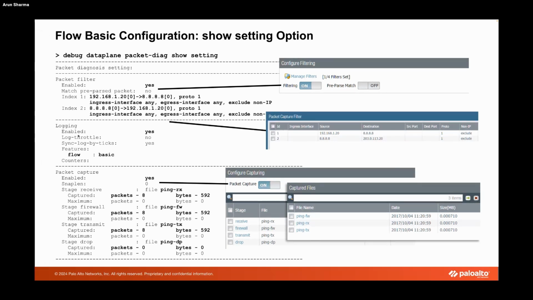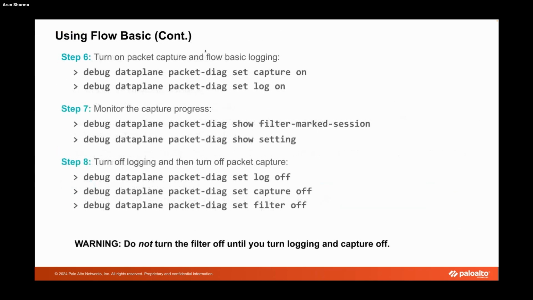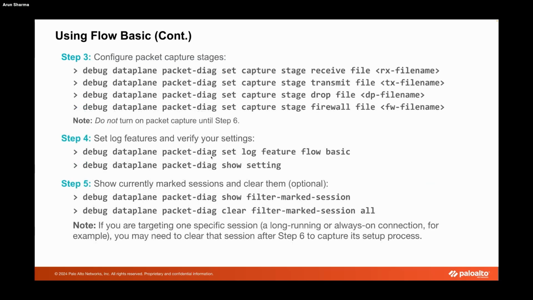Then logging is enabled, yes. So this is the command where we enable the flow basic, and once you enable it, you will see under features that flow basic is enabled and logging is yes. So that's how you see what feature we have enabled here. Okay, with this command, let me go back. Debug dataplane packet-diag set log feature flow basic.